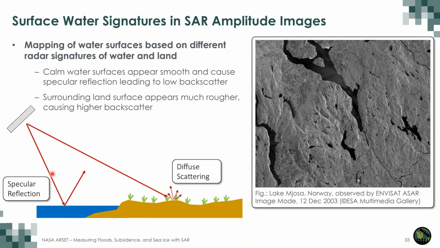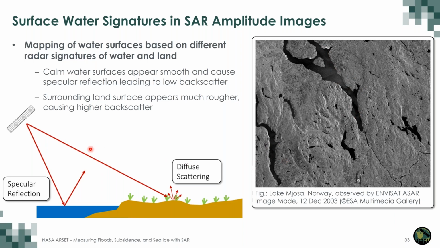So the incoming energy will be scattered forward in the opposite direction. This means over water, we have very little scattering that comes back to the radar, and water typically looks quite dark in SAR images. You can see that here on the right-hand side. This is a data set in Norway, where you can see these very dark patches. Those are lakes in this landscape.